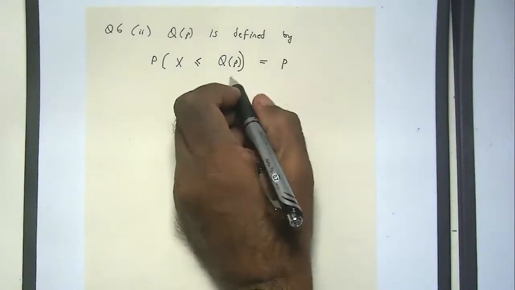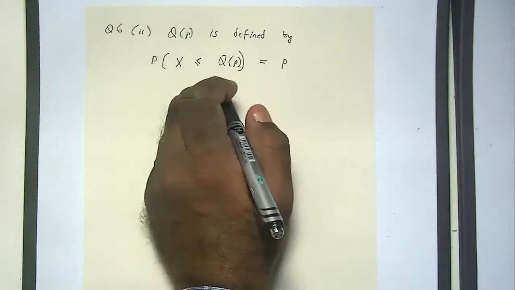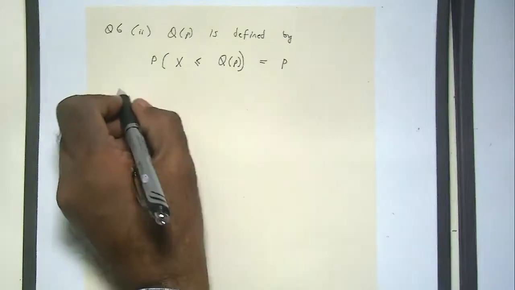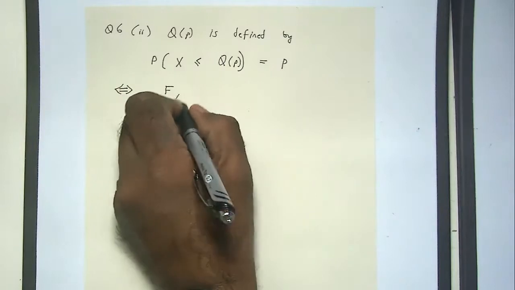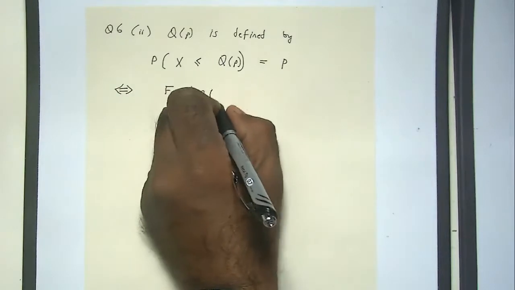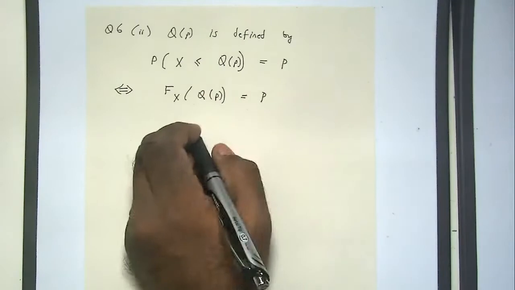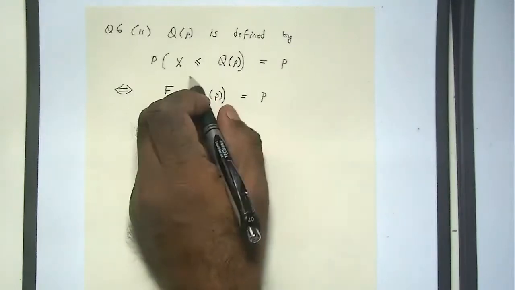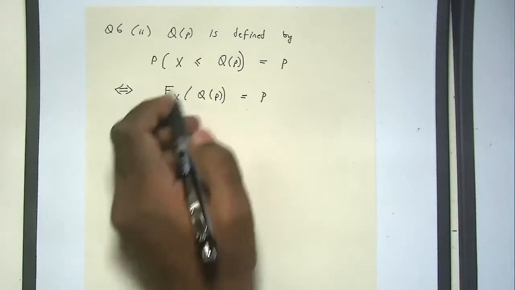So it's the value for which the probability that x is less than or equal to this is p, which is the same as saying that the CDF of x at Q_p is p, because this is the definition of the CDF of x, right?